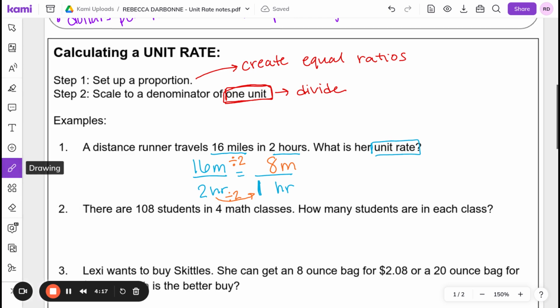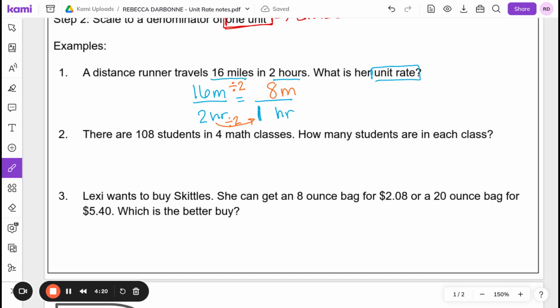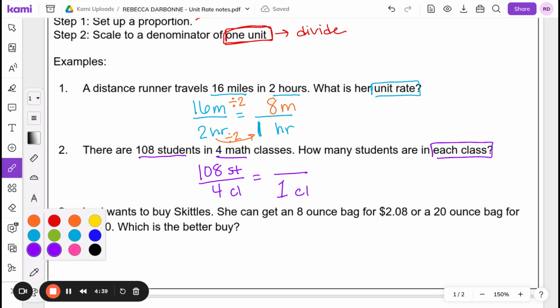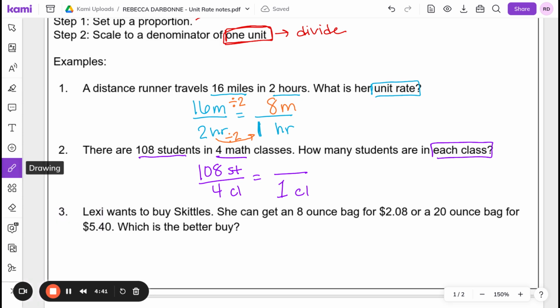Example 2, there are 108 students in 4 math classes. So my first ratio is going to be 108 students in 4 classes. And we want to know how many students are in each class. So again, we're trying to get down to 1 class. So how do you turn a 4 into a 1?